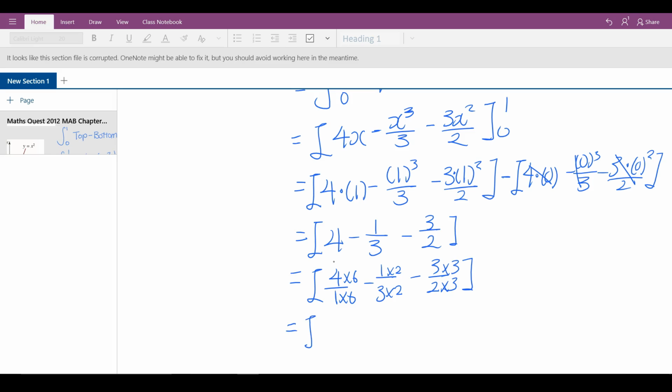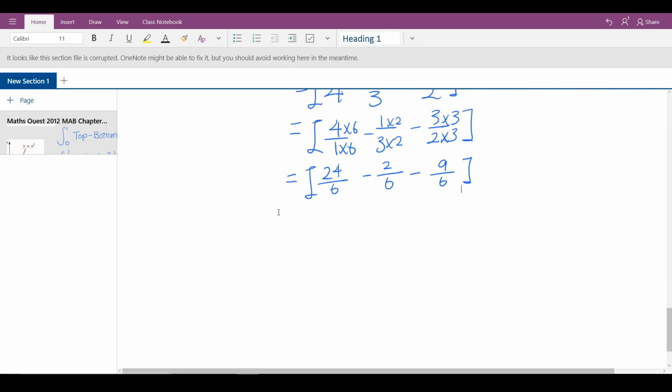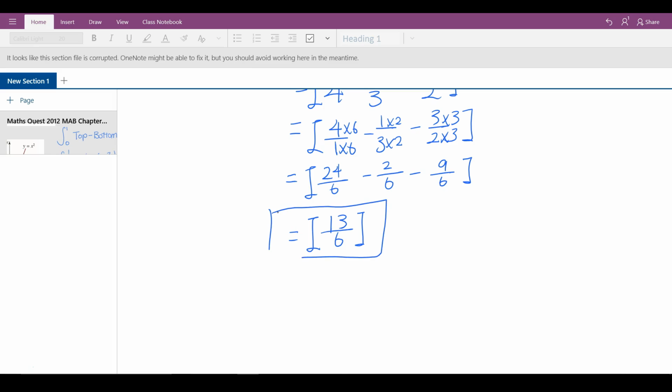Okay, so we get 24 over 6 minus 2 over 6 minus 9 over 6. So that will give us 24 minus 2 minus 9. That will give us 13, I believe, over 6. So that is the area of the shaded region for question C.